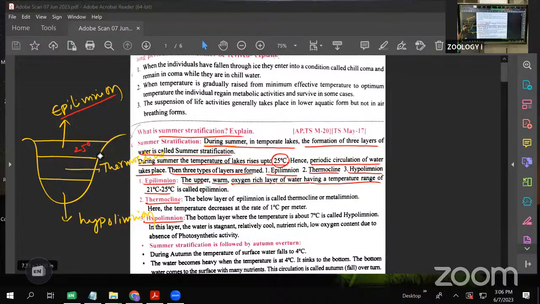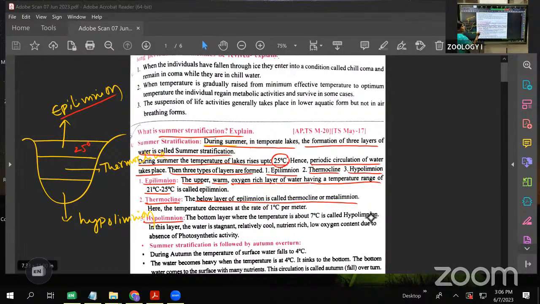Here the temperature is more, and oxygen is also more in this region. The second one is the middle one, called the thermocline. The layer below the epilimnion is called the thermocline, or also called the metalimnion. This is another name, metalimnion.